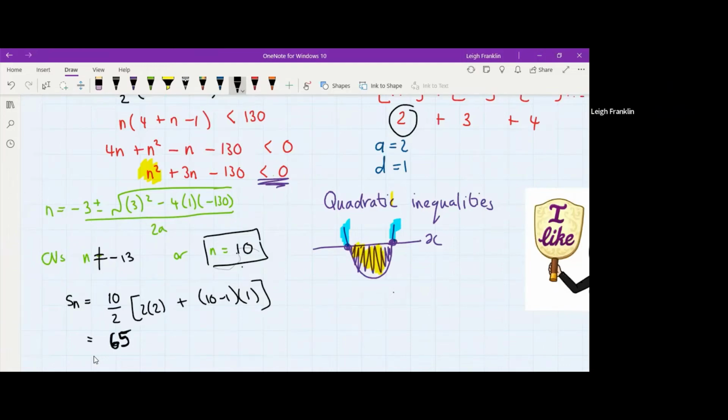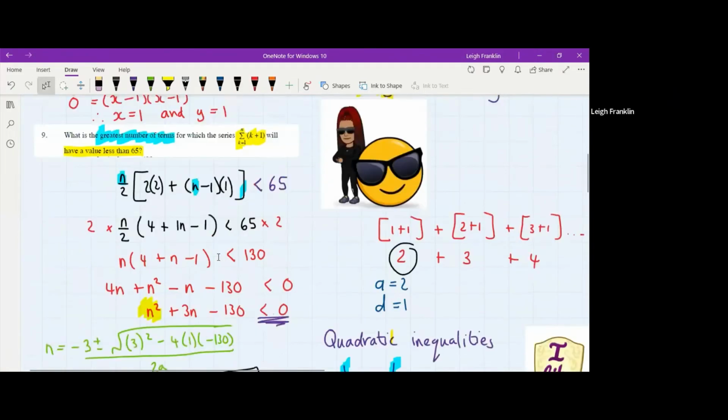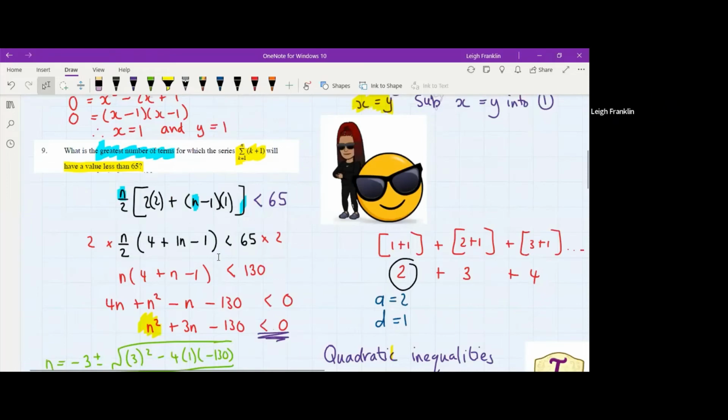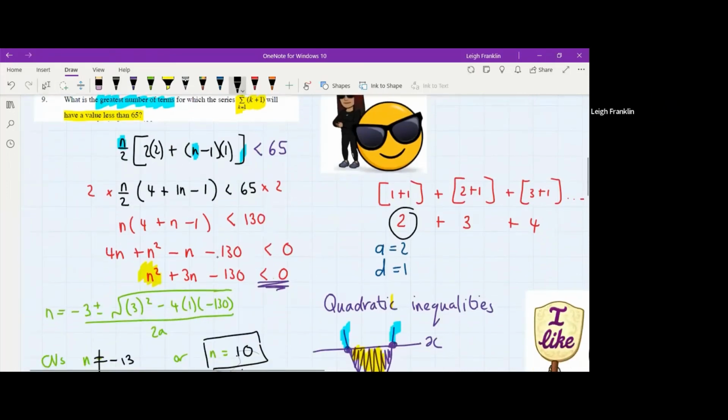Ma'am, how many marks is this question? Okay, so your marks would be for something like this. So a mark over there for interpreting Sn is smaller than 65. There would no doubt be a mark for getting it into standard form.